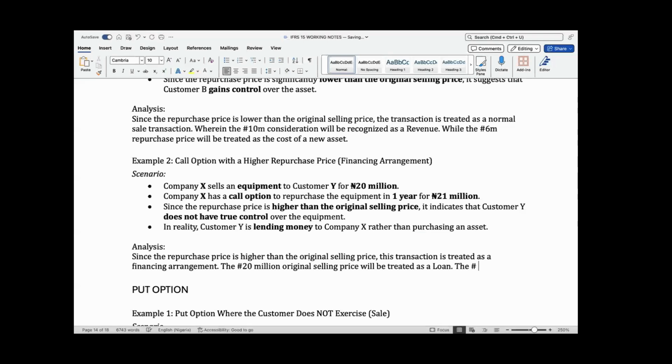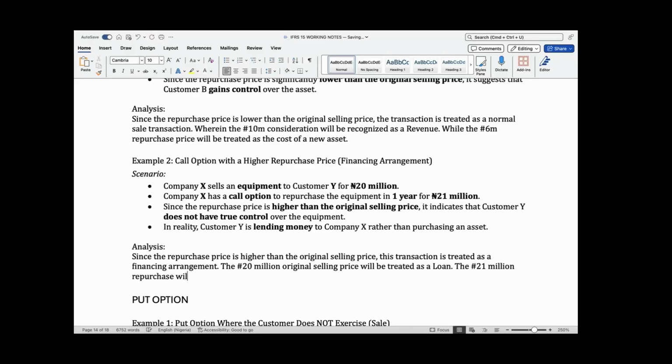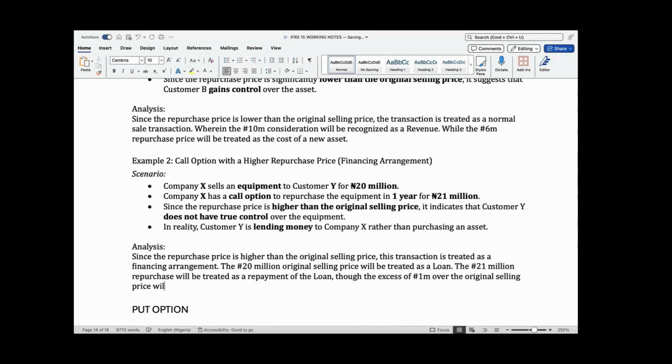The 21 million repurchase price will be treated as a repayment of the loan, while the excess of 1 million over the original selling price will be treated as an interest expense.